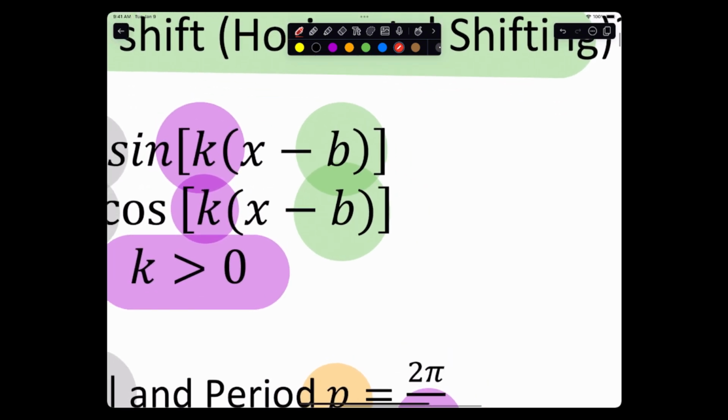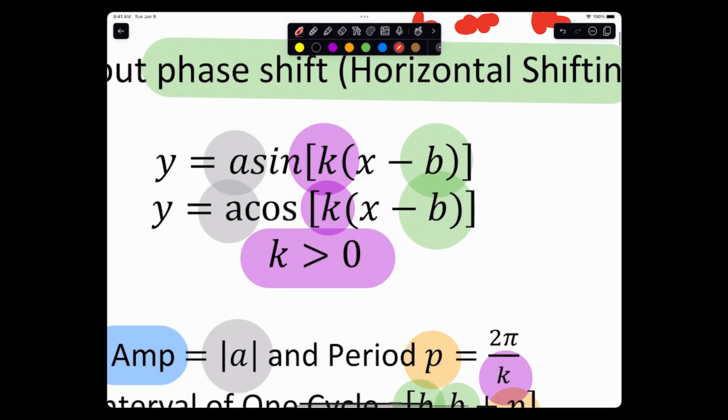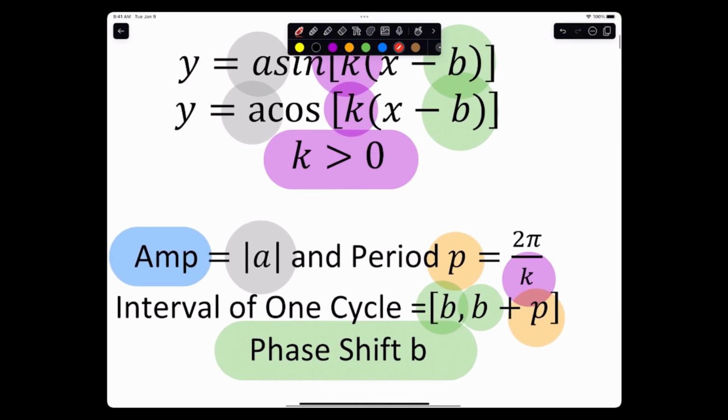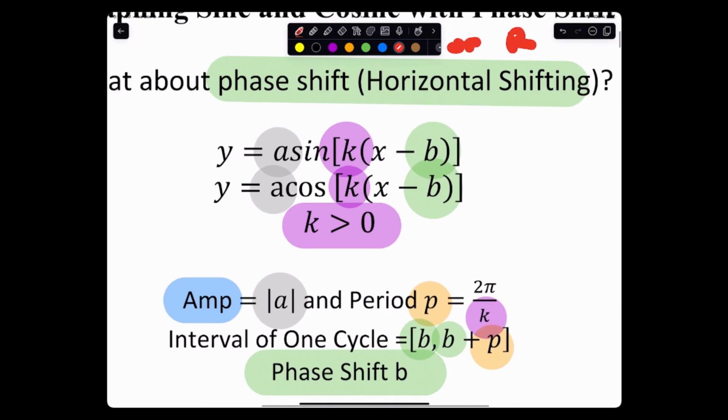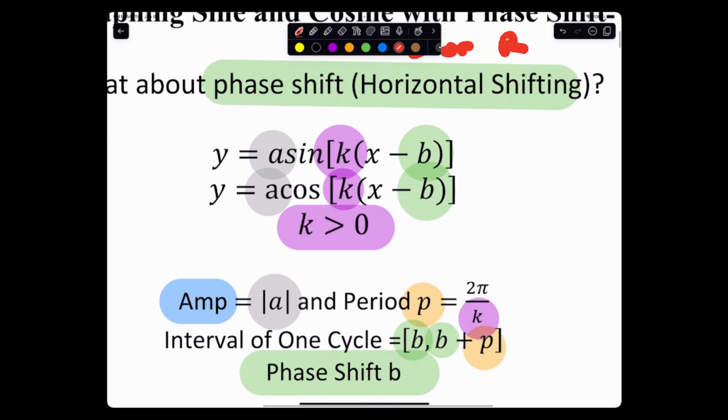And so we have this x minus b. So amplitude, phase shift is B, and it's a horizontal shifting. You're going to see my point here.